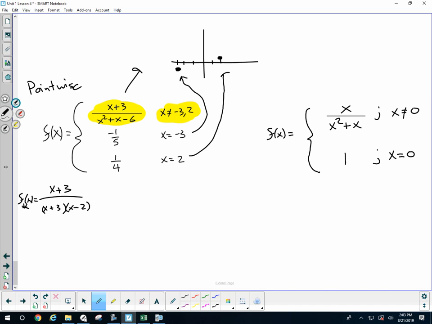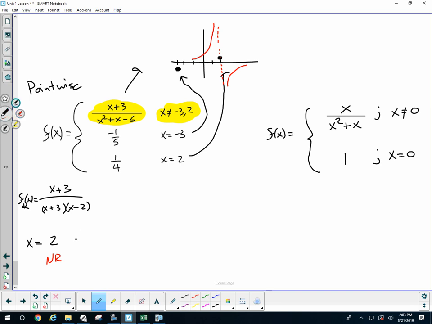We notice that for f star, for just this piece, x equals 2 is a non-removable infinite discontinuity, which means for the graph of x plus 3 over x squared plus x minus 6, I know this point isn't going to make it continuous because I'm going to have this here and that here, or something like that. So immediately, discontinuous at 2, non-removable.